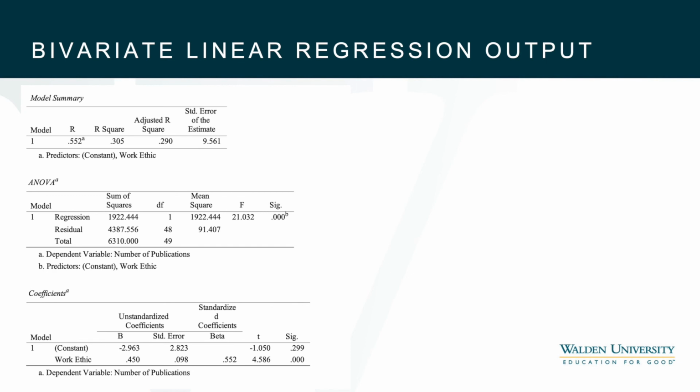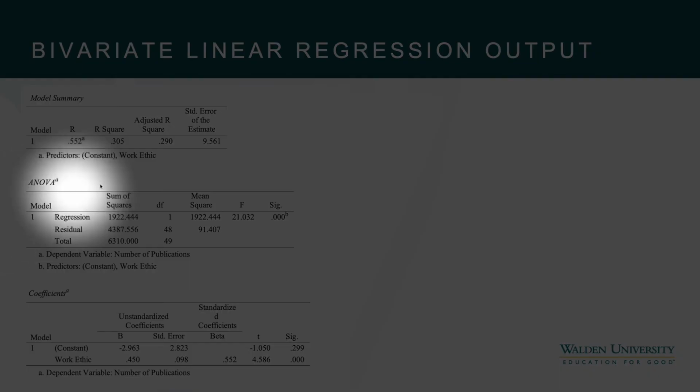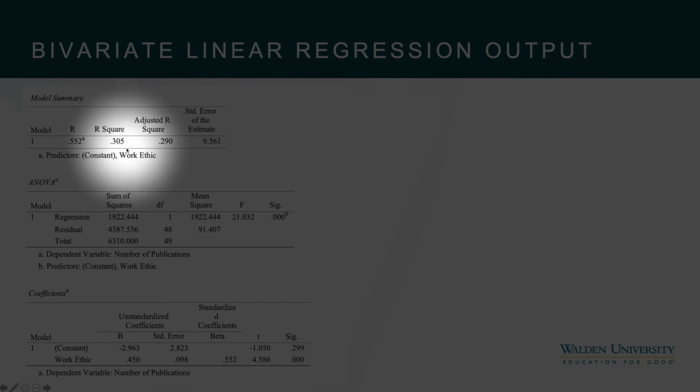I think at this moment, we know that 13.5% of our dependent variable is explained by this independent variable. And at this moment, I want you to think back at that 69.5% that I mentioned that was attributed to other variables at work that influence your number of publications.